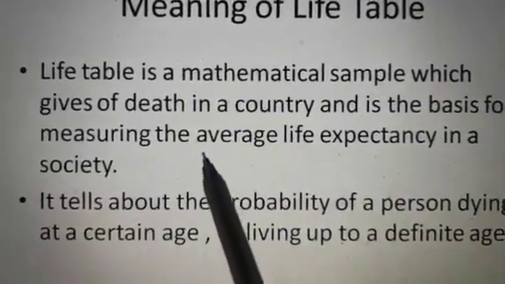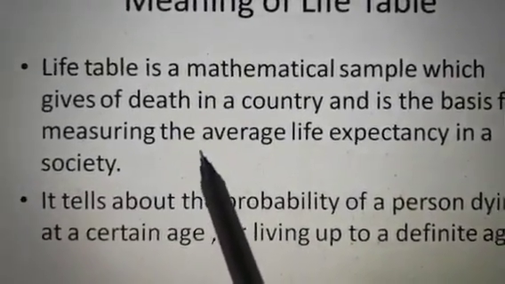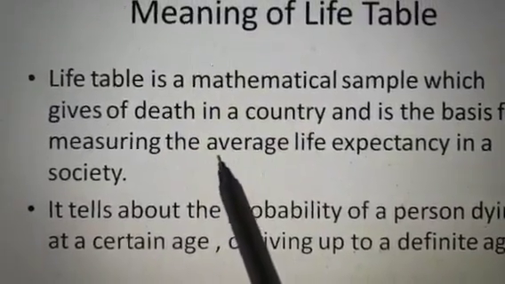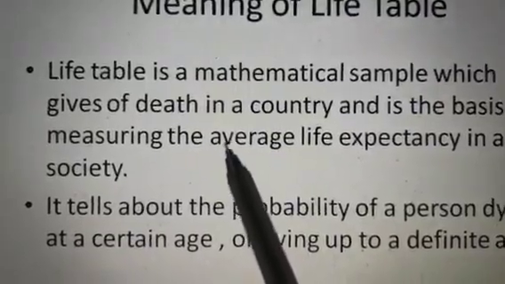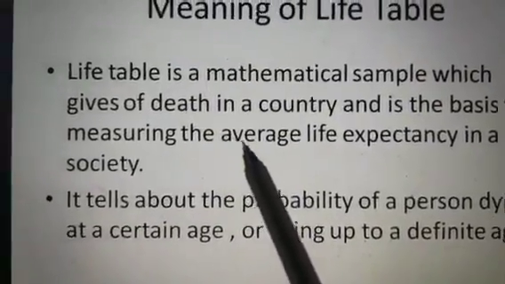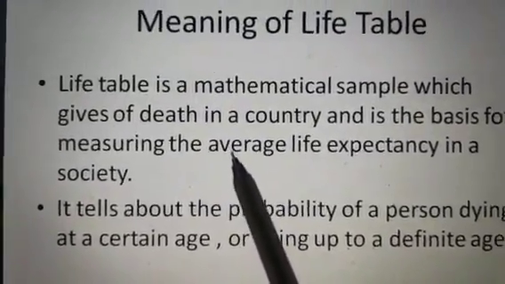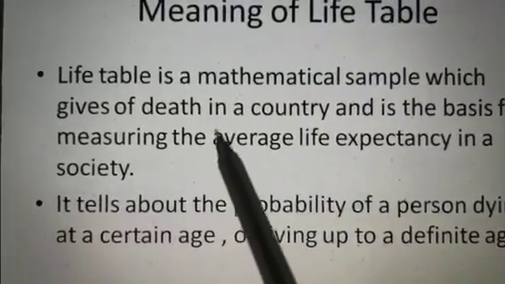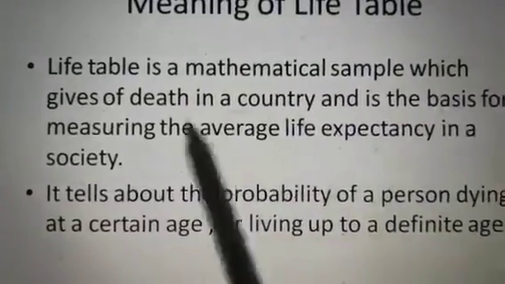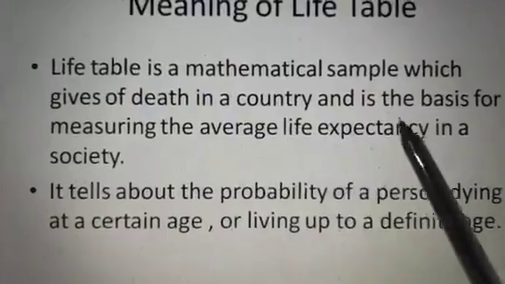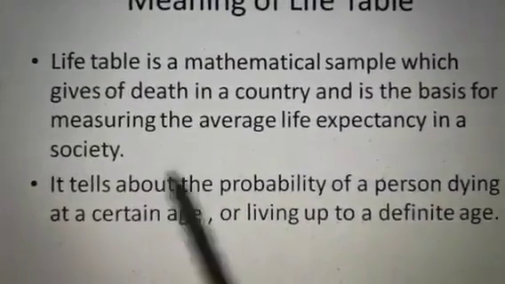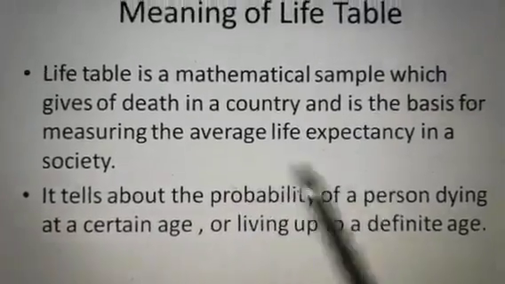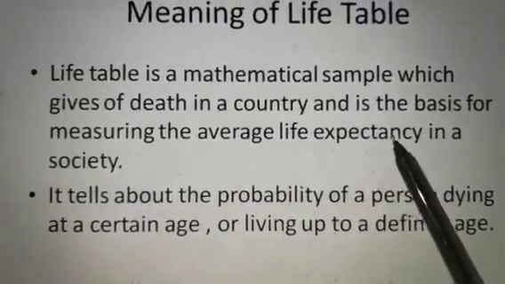Earlier I told you, because in any developing or developed nations, to calculate the HDI index in the theory of development, this is very much important, because life table is the basis for measuring the average life expectancy in a society. Through this we calculate life expectancy of the society.